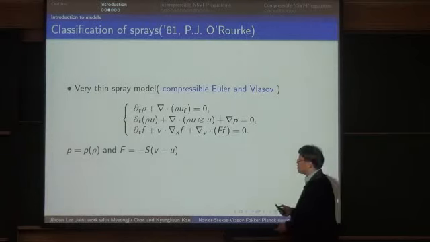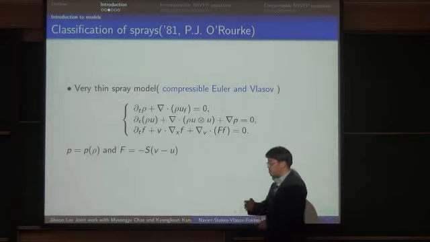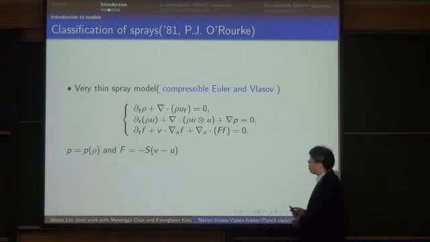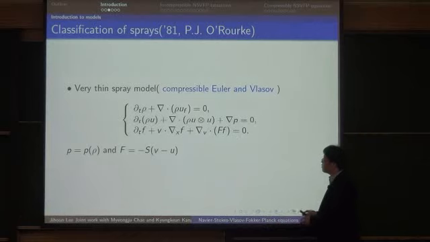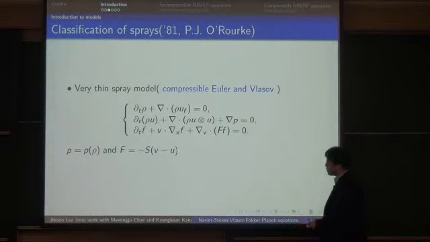At first, consider very thin spray models, where the particles are very thin, so the fluid motion will not be affected by the particle motion. These are independent equations, not affected by the particle motion, but the particle motion is affected by the fluid motion through the drag force.